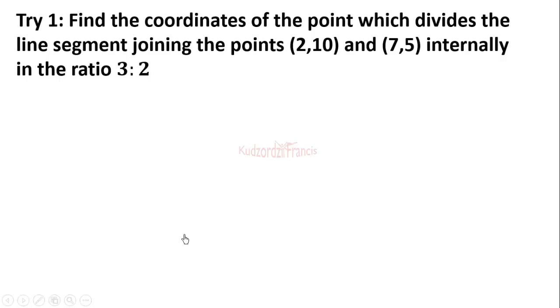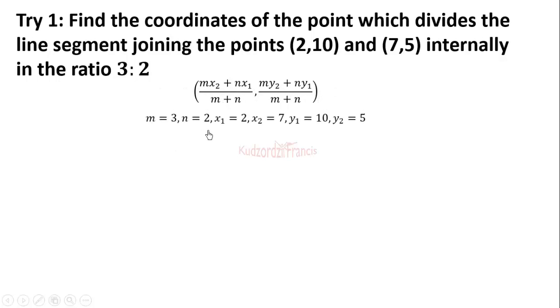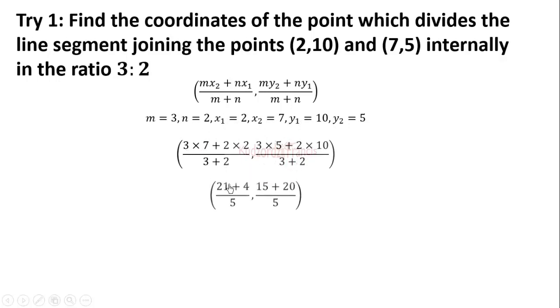So let's see how we can do it together and see whether you had it correct. So you record the formula, then you do the substitution for m equal 3, n equal 2, x1 equal 2, x2 equal 7, y1 equal 10, y2 is equal to 5. So let's do the substitution to get this. So 3 times 7 will give you 21, 2 times 2 is 4, 3 times 5 is 15, 2 times 10 is 20, all over 5.